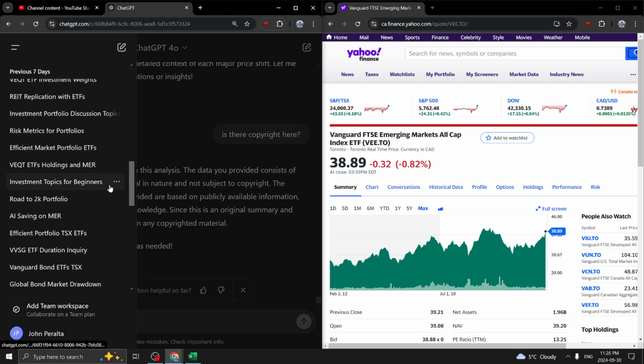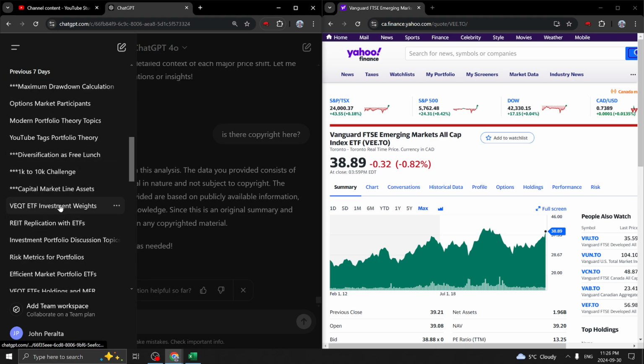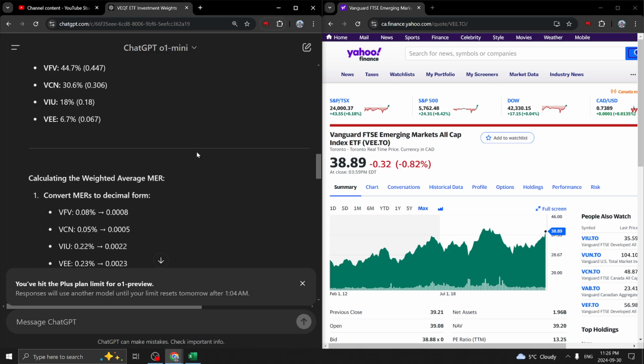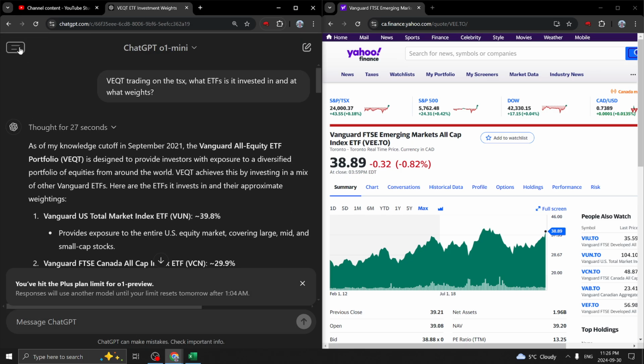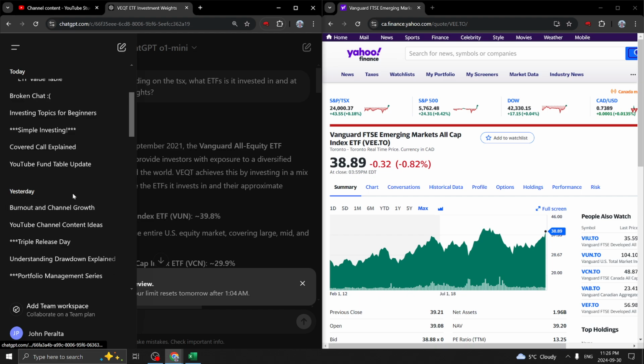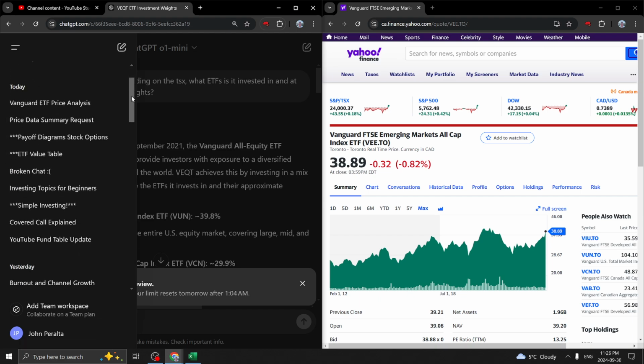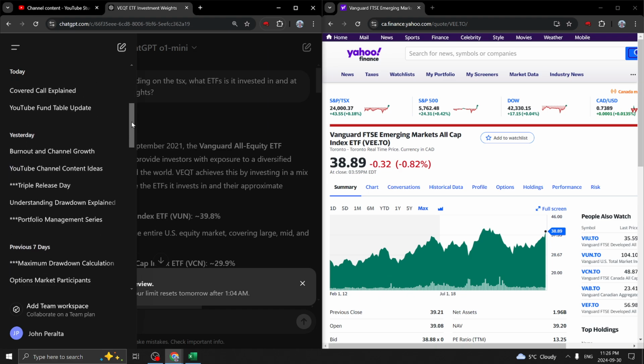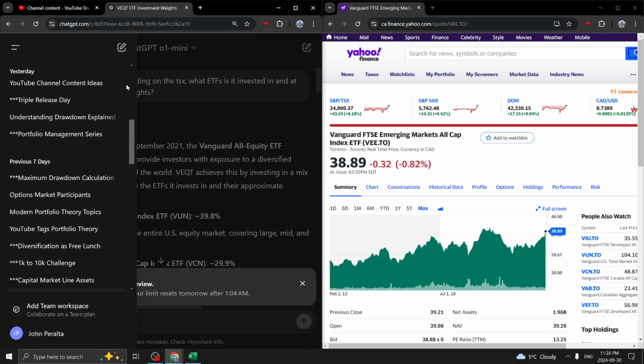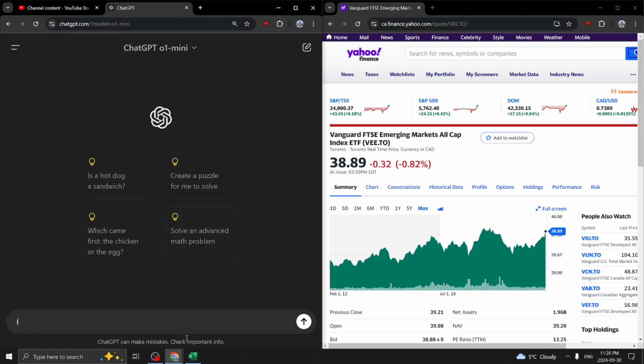Nope. Efficient market portfolio ETFs. Man, I wish there was a folder. It's so annoying. Where is it? I gave you a bunch of data the other day.